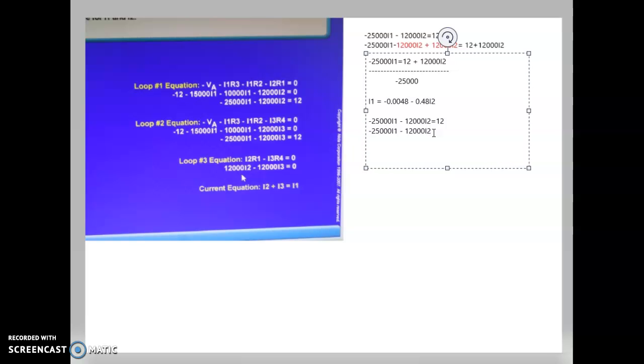Since we're trying to solve for I2 in terms of I1, we're going to say plus 25,000 I1 equals 12 plus 25,000 I1. So what we did is we added 25,000 I1 to both sides, and just like before, that negates having an I1 over here. It would help if I had checked the color mark. There's color.